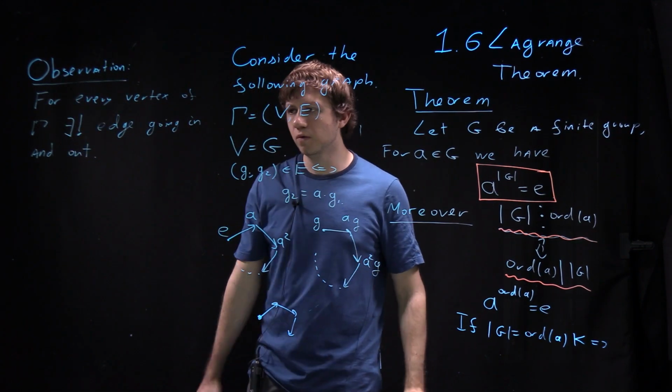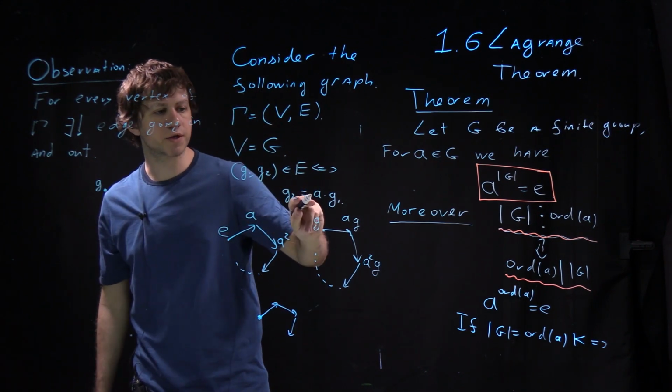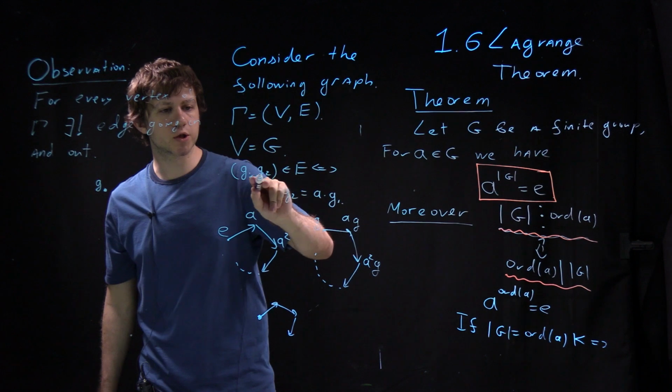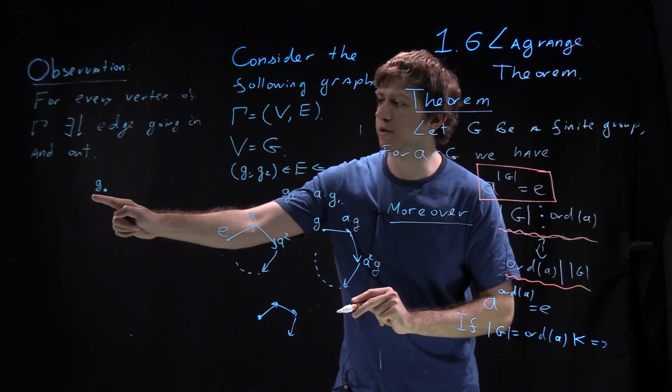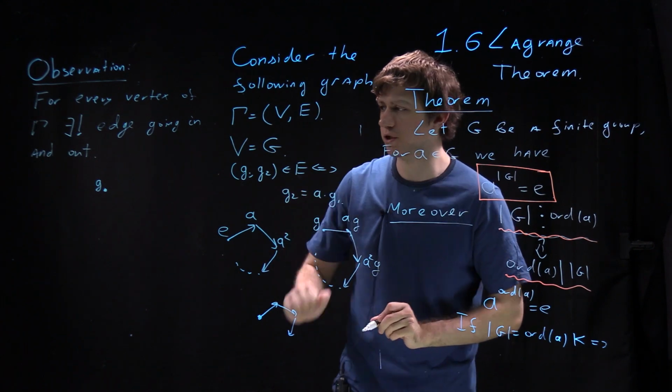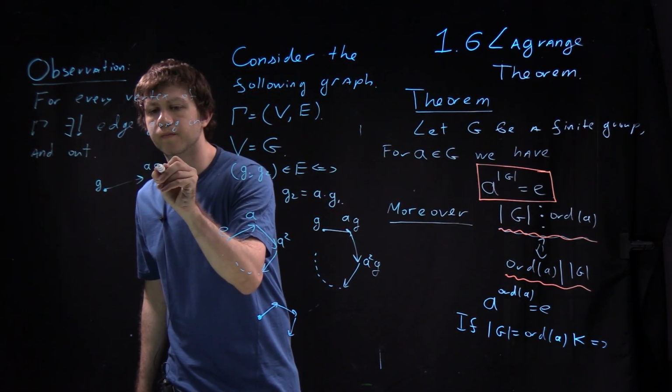Why so? Because if you take an element G, according to our definition, the only element inside the set of edges which has G as the first element will have A times G as the second one. So there is just one arrow going out.